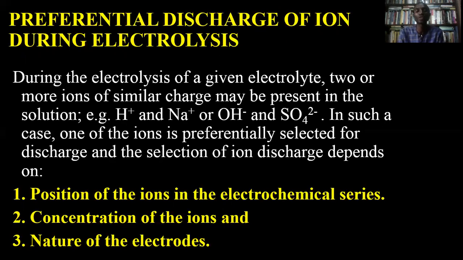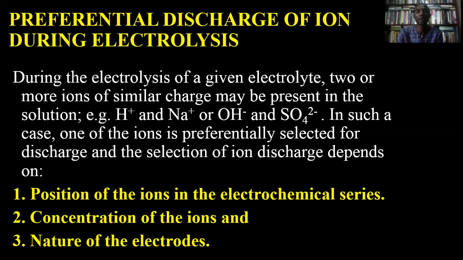Another one is the concentration of ions. Then lastly, another factor to be considered is the nature of the electrodes used in the electrolytic cell. These could affect the discharge of ions.